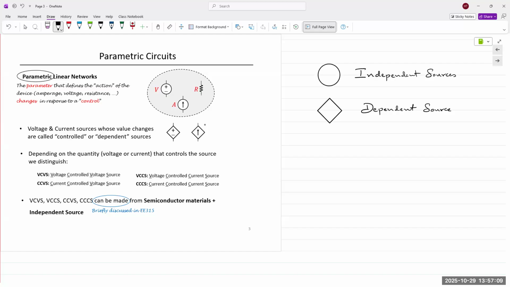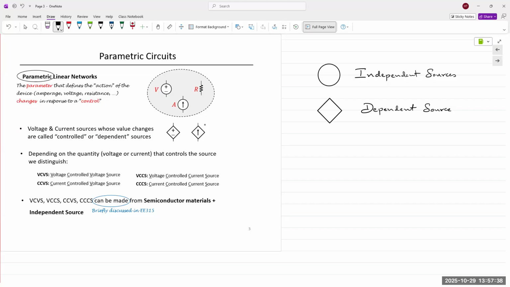There are some circuits that can have dependent sources. Dependent sources can be both: you can have a voltage source, you can have a current source, and based on the control, you can have a controlled voltage source or a controlled current source. And the dependency could be on both voltage and current. So it's a 2x2 cross matrix.